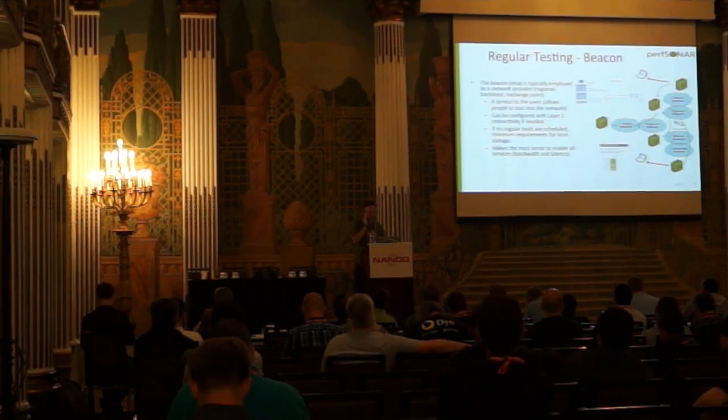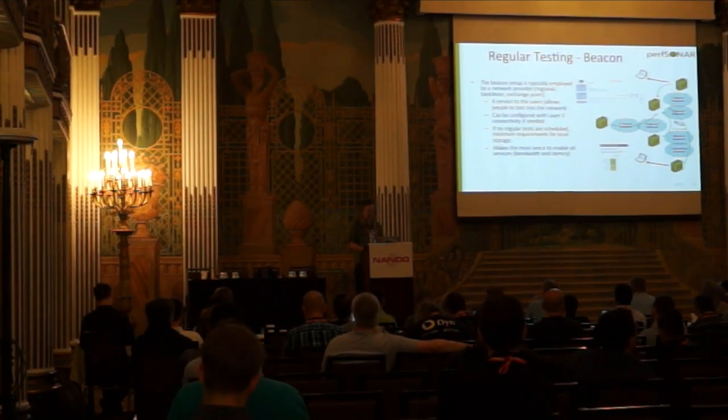They don't have to be layer 3. You can put VLANs on them and plumb the VLAN all the way through to this remote testing node. Typically people enable all the different services. Some nodes might just have bandwidth tests or latency tests enabled, but in beacon mode, you typically do both.